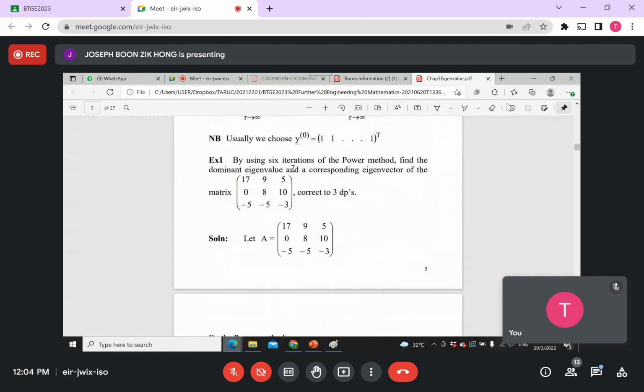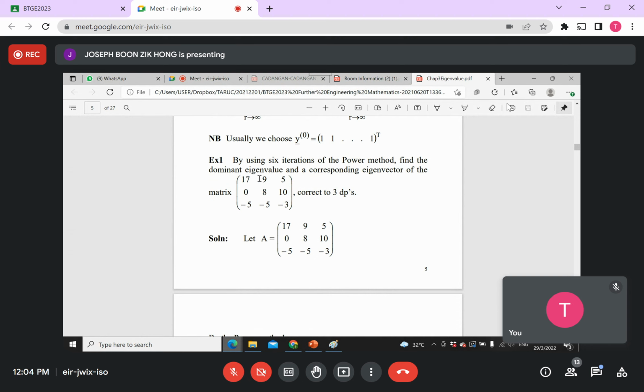Since this is a numerical method, we have a lot of iterations. Let's say I want to use 6 iterations of the power method to find the dominant eigenvalue.